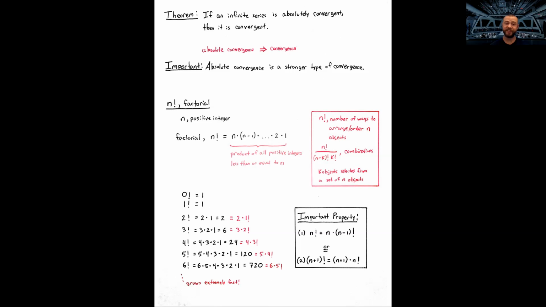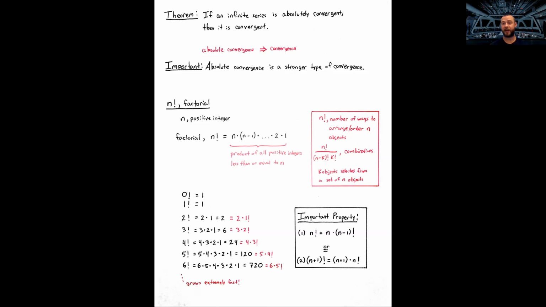So what this basically says is for any factorial value, you can rewrite it as that integer, or in other words, n factorial, you can write that as the integer n times the previous factorial. And what comes before n? n minus 1.